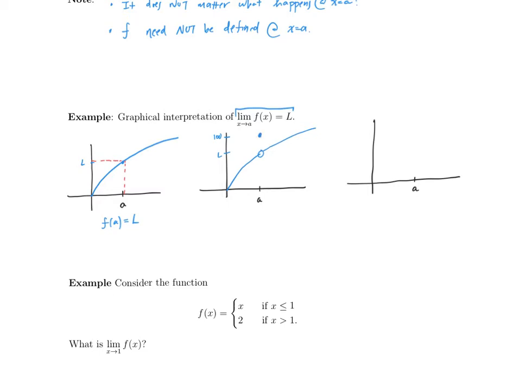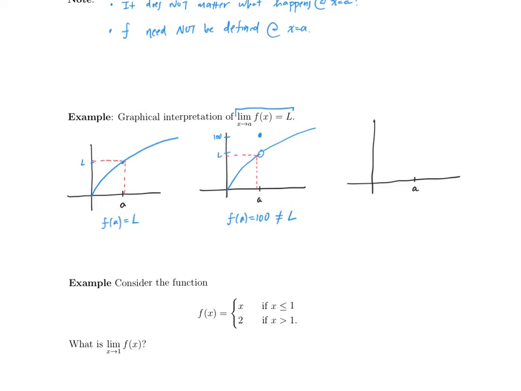Once again, the limit as x approaches a of this function f of x is equal to L. We can see this intuitively by noting that if you substitute in an input close to a, the function output is going to be close to L. But in this case, the function value at a is 100, so it's not equal to L. So it really doesn't matter what happens at that value a. It's just what happens close to a.